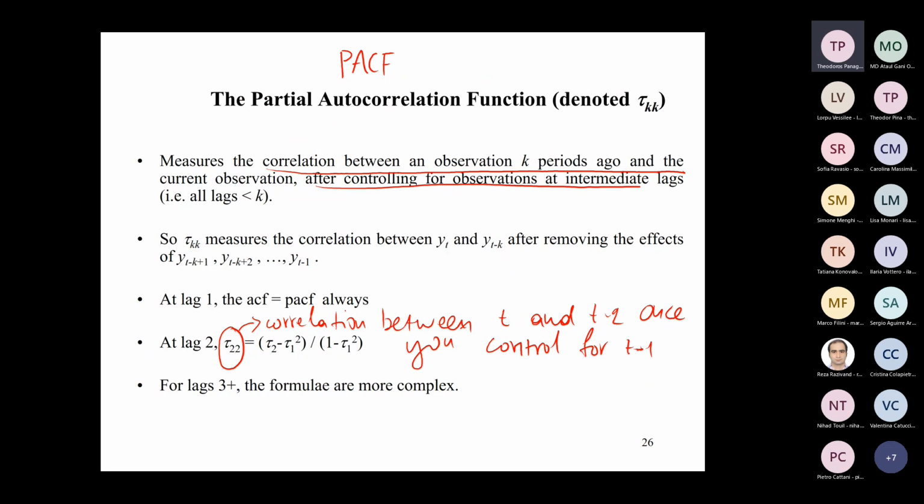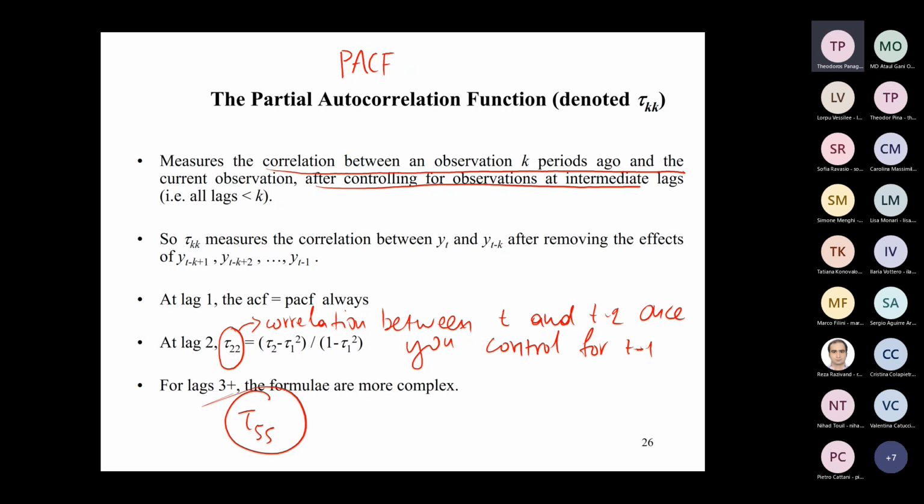Okay, so let me repeat what the partial autocorrelation function measures. It measures the correlation between today and 2 days ago, once I have removed the effect of yesterday. Let me give you another example. I'm interested in tau 5. Today is Wednesday.